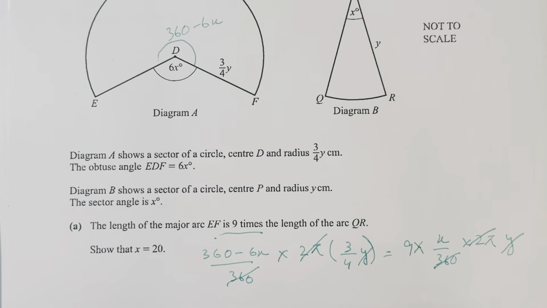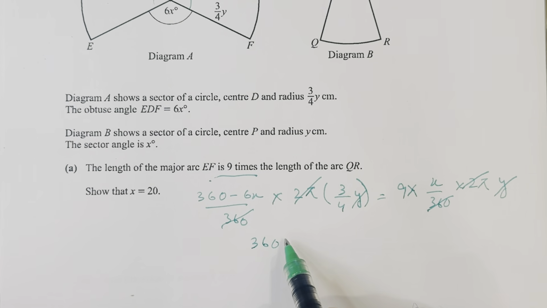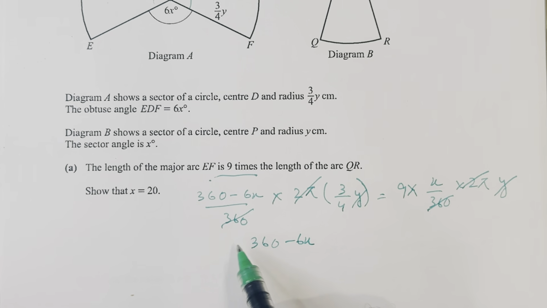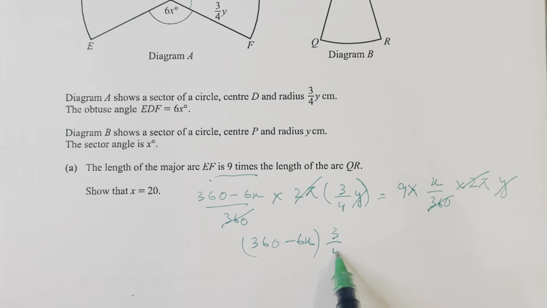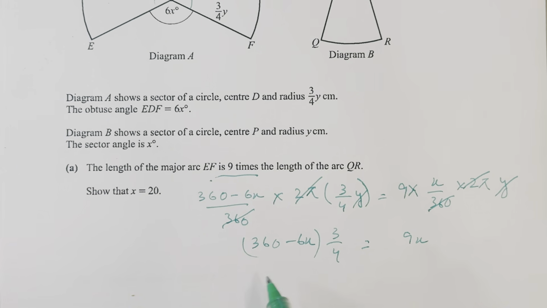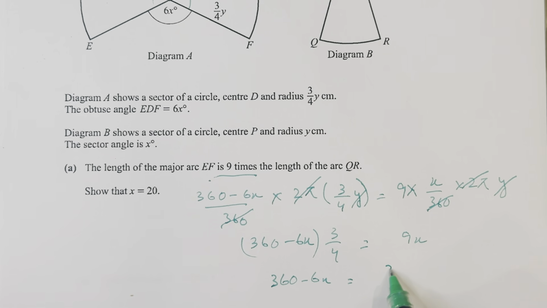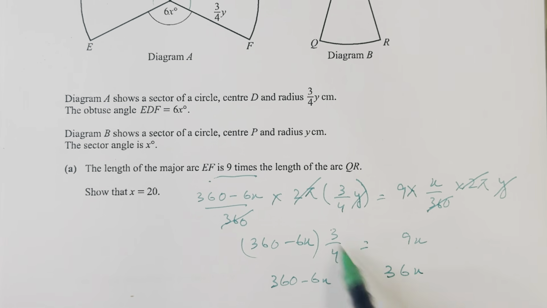Now we're going to write the next step. 360 minus 6x multiplied by 3 by 4. Over here we are left with only 9x. So 360 minus 6x, 4 multiplied by 9 is 36x, and 3 is going to divide over here. 3 divides the 36, the answer is 12x.